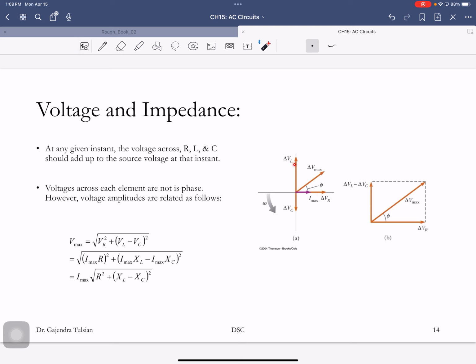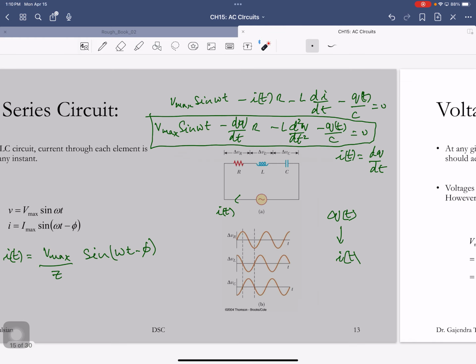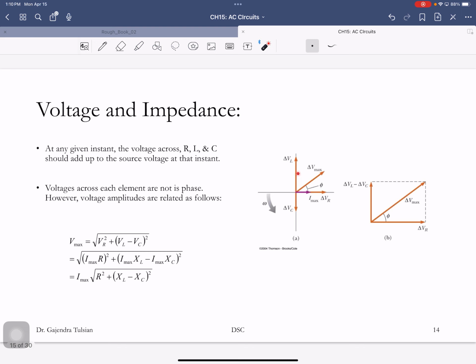The voltage across the inductor is ahead of the current, and the voltage across the capacitor is lagging the current. The amplitude of the voltage across the three elements is the vector sum of these: this vector plus this vector plus this vector.